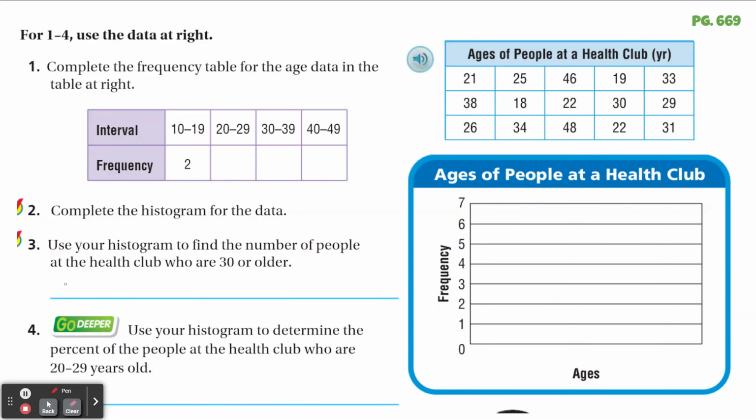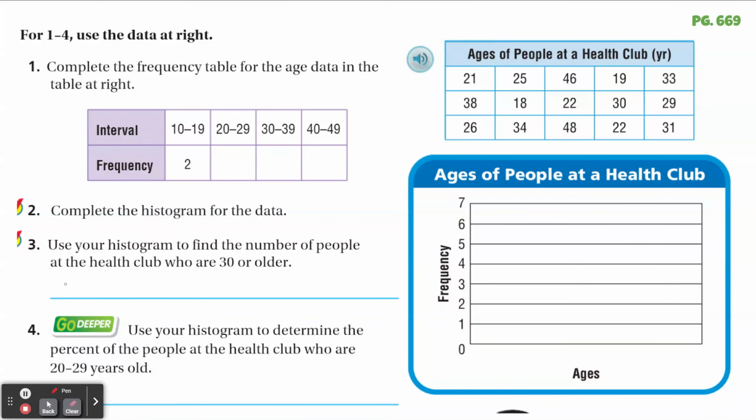Then you need to complete your histogram for the data. And then we have 2 questions to answer looking at the histogram. So number 3 says to use your histogram to find the number of people at the health club who are 30 or older. And then question 4 says use your histogram to determine the percent of people at the health club who are 20 to 29 years old. So go ahead and let's do questions 1, 2, and 3, and then we can work through question 4 together.